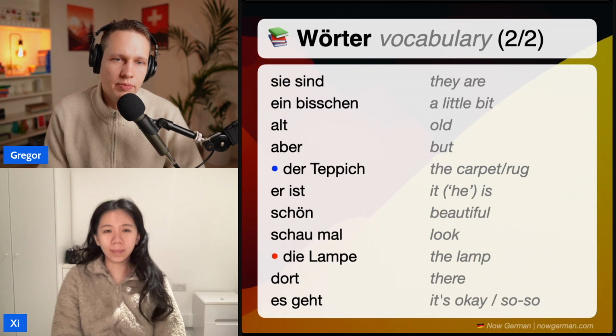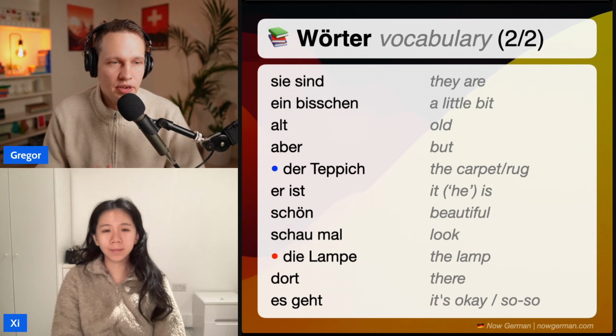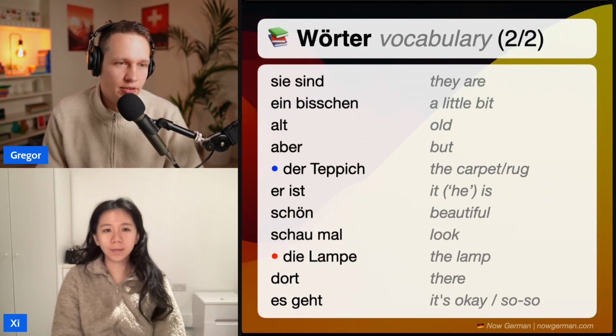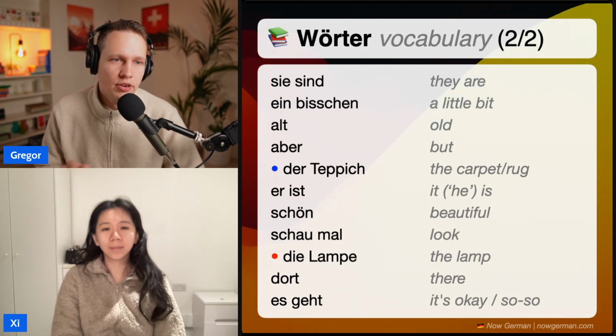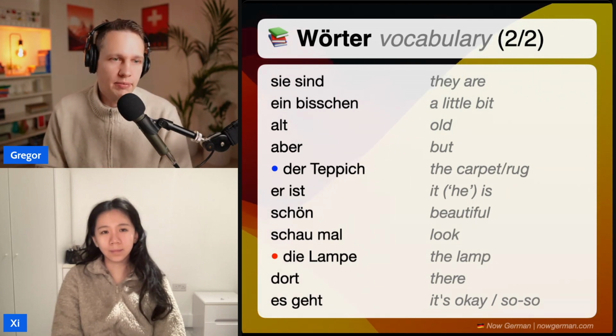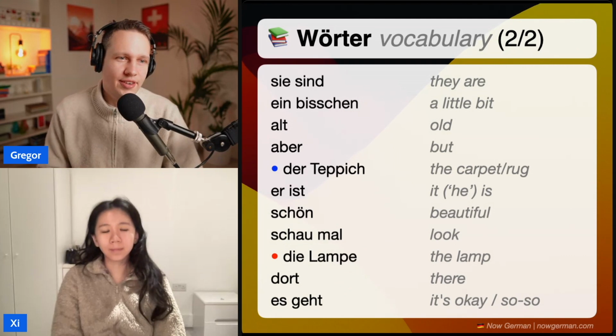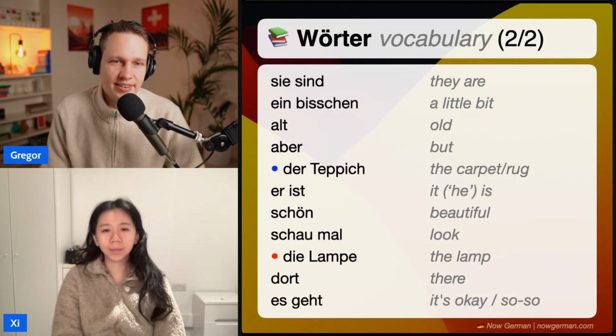Yes. And schau mal. Let's look. In one of the recent lessons, we already saw the verb schau, that means look, and then mal just means like once, like one time. So take one look or take a look, and we use this very commonly. Schau mal. Yes.